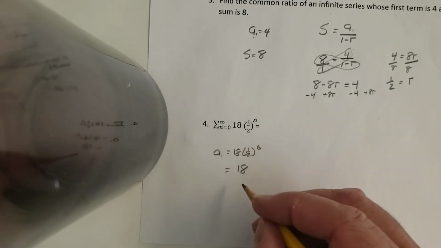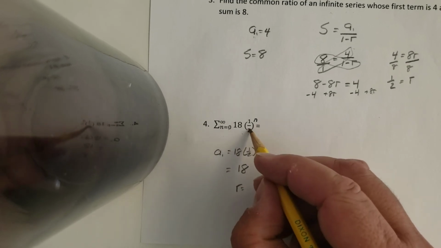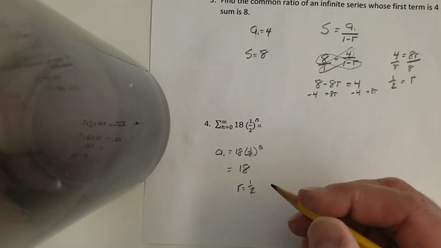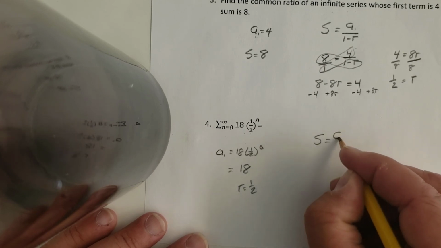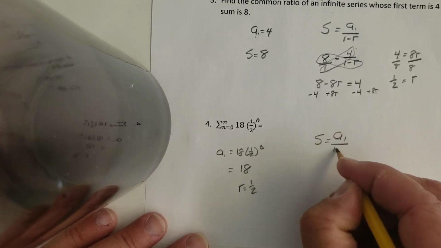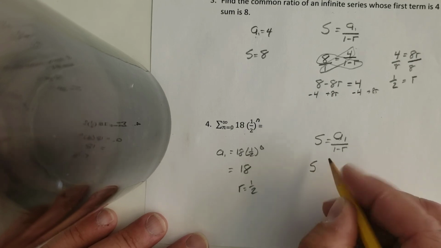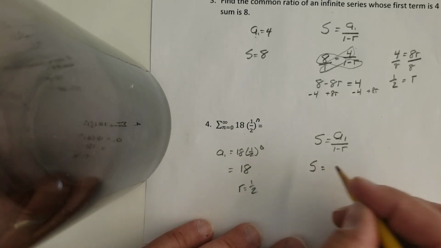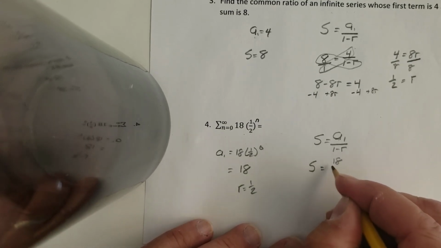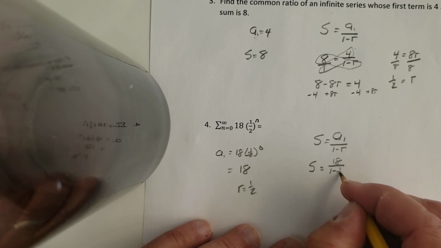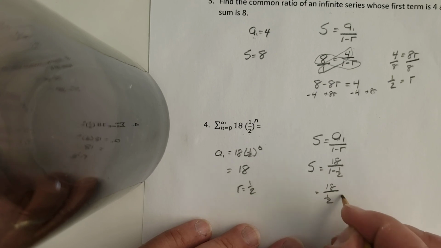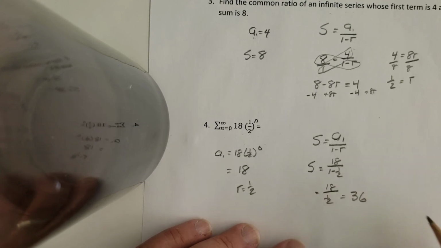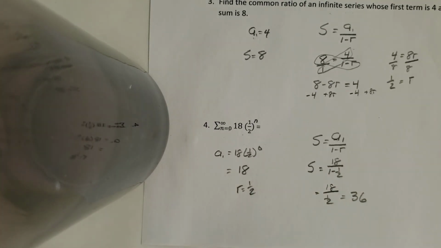My ratio, which is the repeated multiplication, is 1/2. All right, so the sum is my first term over 1 minus r. So the sum, the first term is 18 divided by 1 minus 1/2 is 18 divided by 1/2, which comes out to be 36.